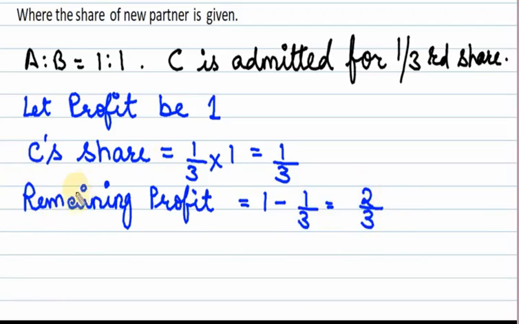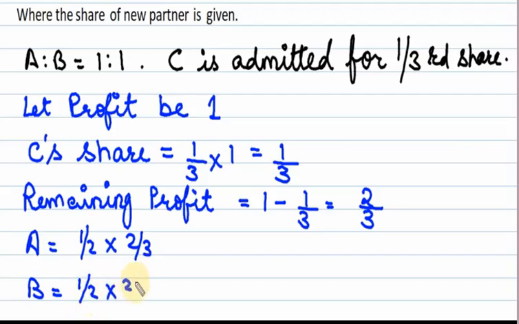Now we will divide this 2/3 among A and B in their old profit sharing ratio. Means A will get half of 2/3 and B will also get half of 2/3. So A's share will be 2/6 or you can say 1/3.